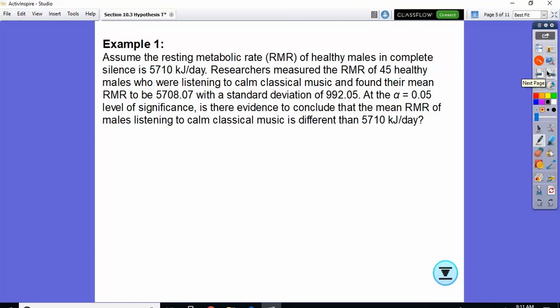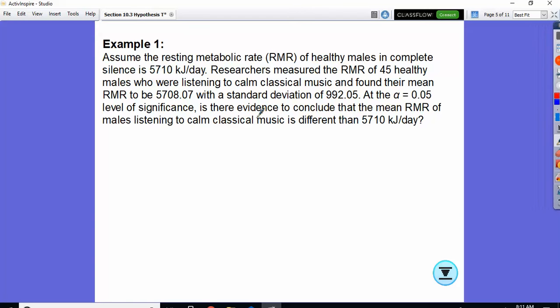Okay, so let's do a problem. Assume the resting metabolic rate of healthy males in complete silence is 5,710 kilojoules per day.